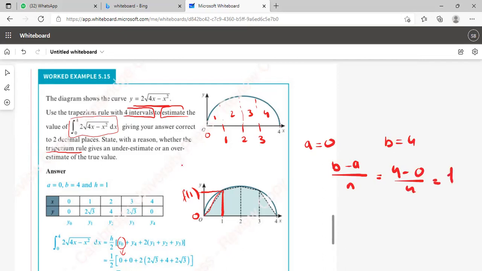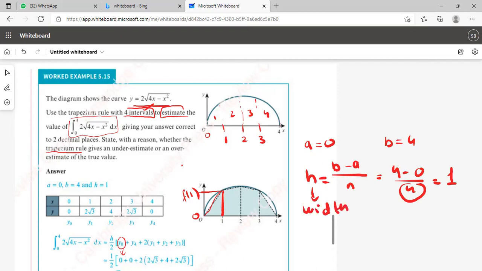Now what is this 4? This 4 is the number of intervals. And what is this 1? This one is the width. Sorry, I say height every time, but it is the width, and we use h.